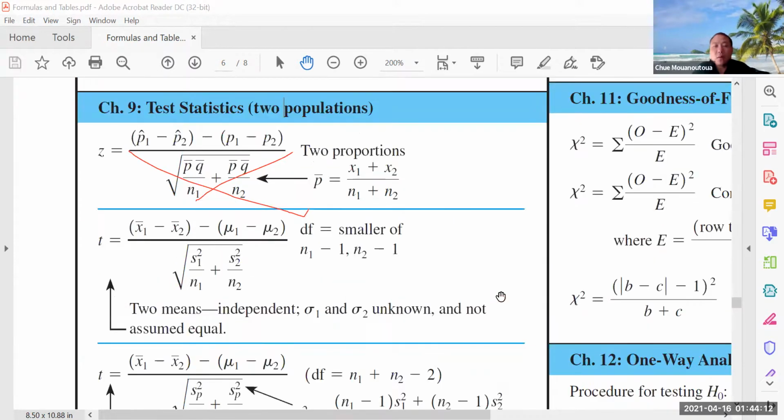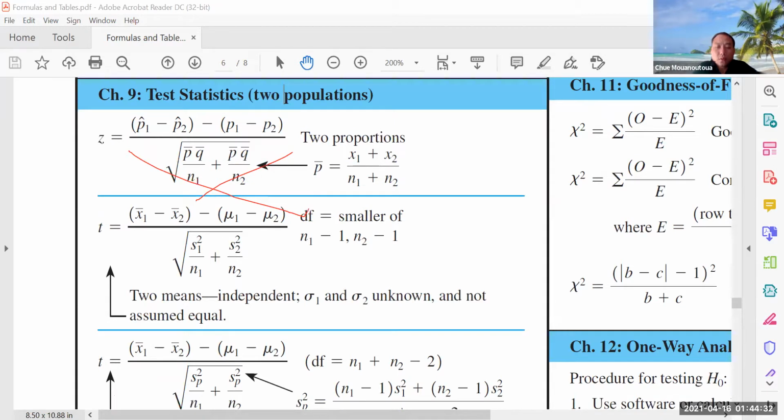All right. Now I assume that you are used to the hypothesis test procedure that you saw in chapter 8. So I'm going to go ahead and do a couple of examples here. Same procedure, nothing new.